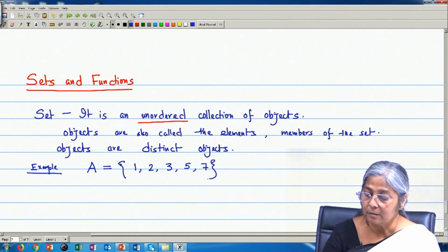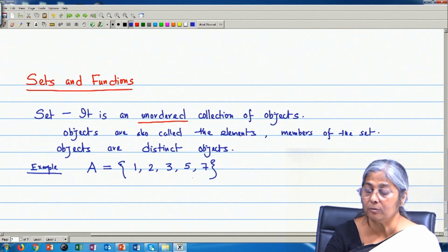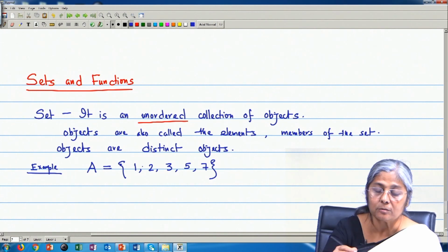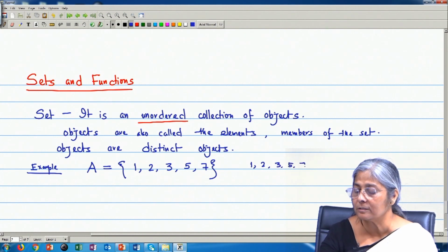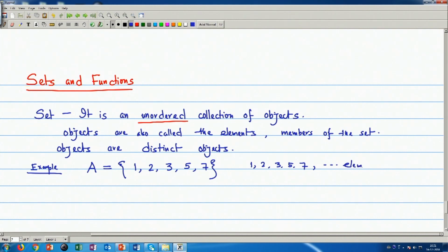So, this is the notation normally we use to define a set. Here these 1, 2, 3, 5, 7, these are the elements or objects of the set.